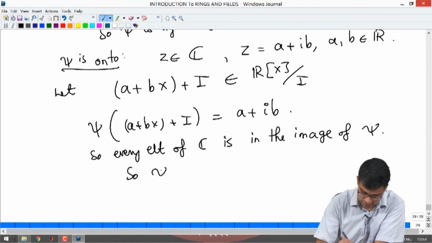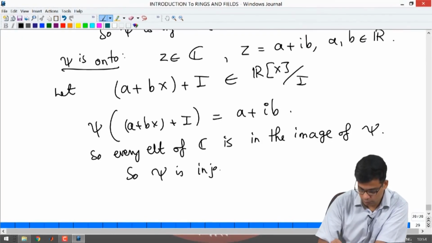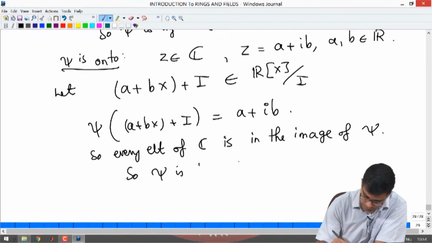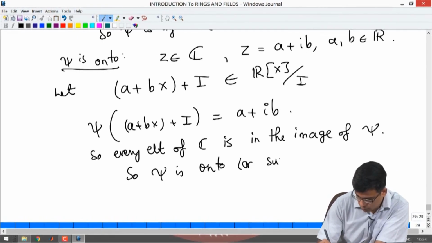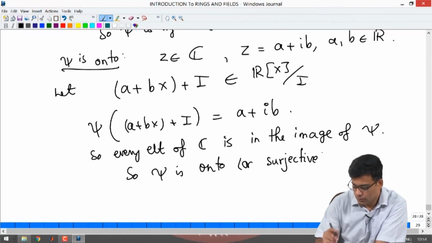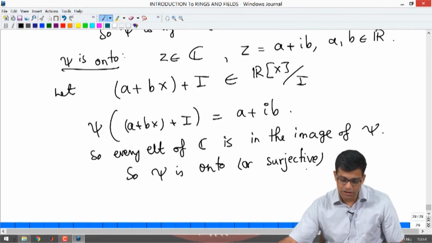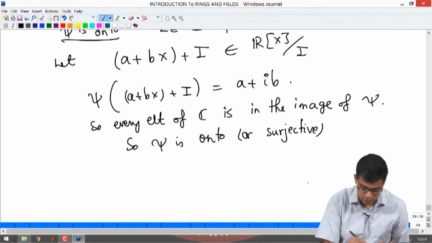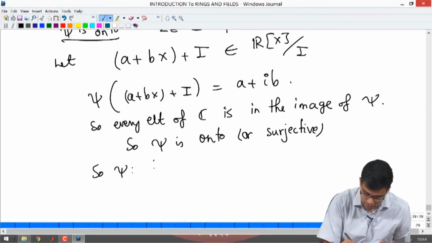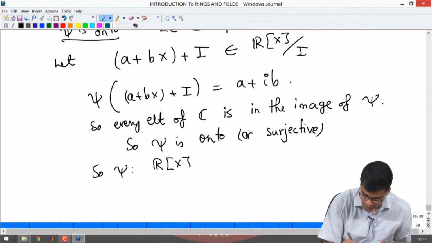So, psi is surjective or onto. So, we have a surjective injective ring homomorphism. So, psi is an isomorphism.